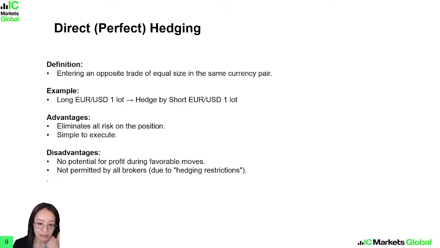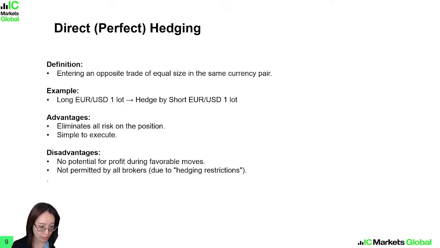Of course there will be advantages and disadvantages. The advantages: it eliminates all risk on the position and is simple to execute. What about the disadvantages? No potential for profit during favorable moves, and it is not permitted by all brokers due to hedging restrictions. Some brokers allow you to hedge, but some do not.